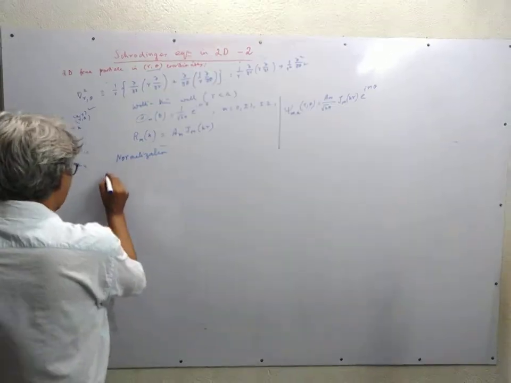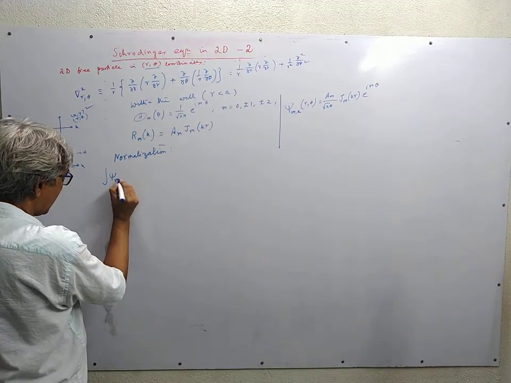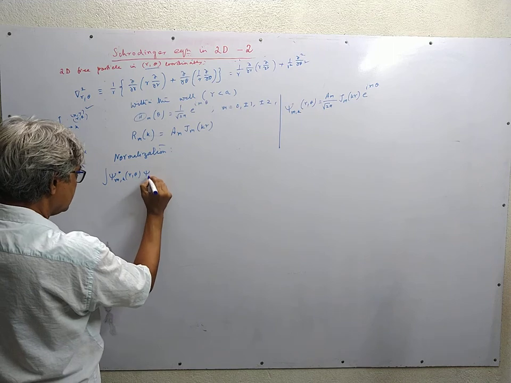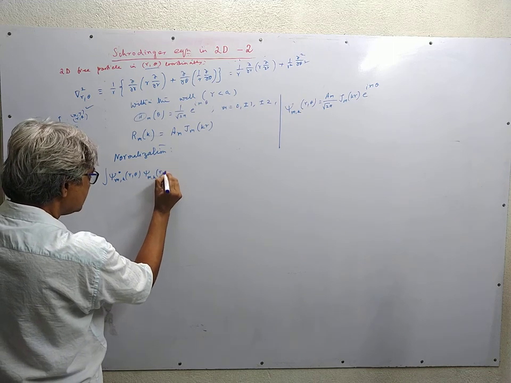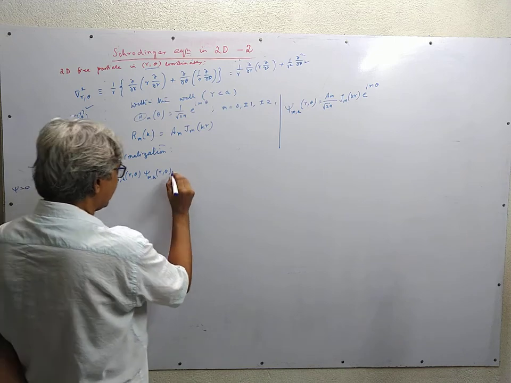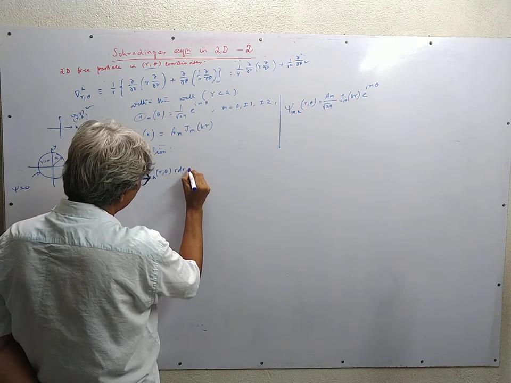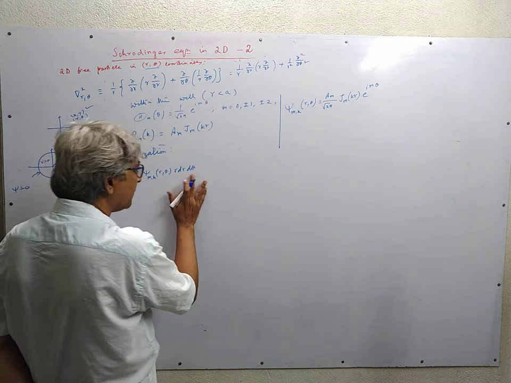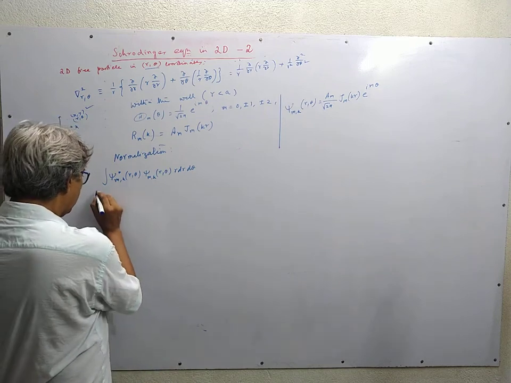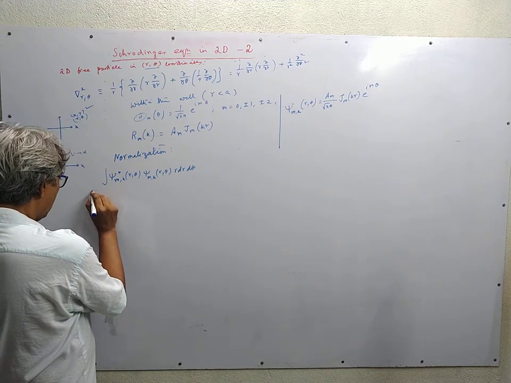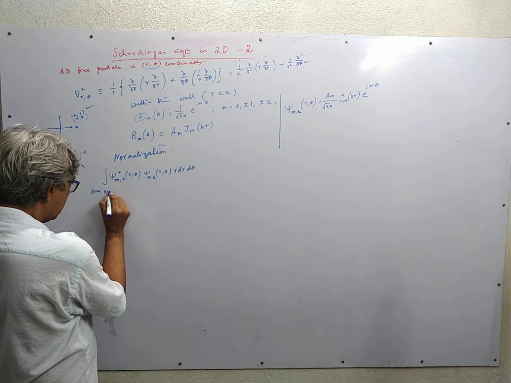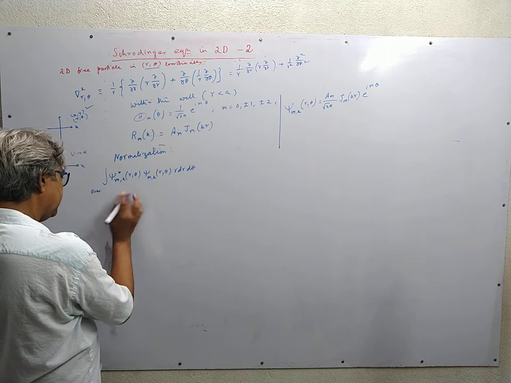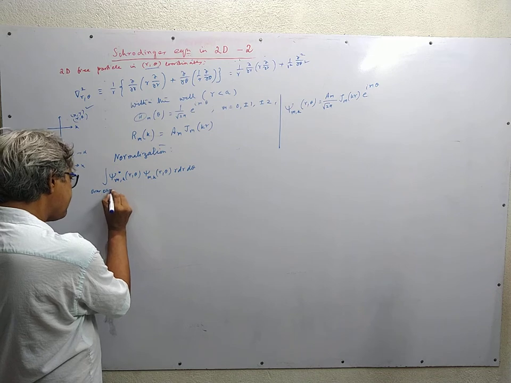Now the normalization condition is that psi m star psi m, now the integration is over r dr d theta. r ranges from 0 to a and theta ranges from 0 to 2 pi, is equal to 1, over the circle, or disk, we shall call it disk of radius a, circular disk of radius a.